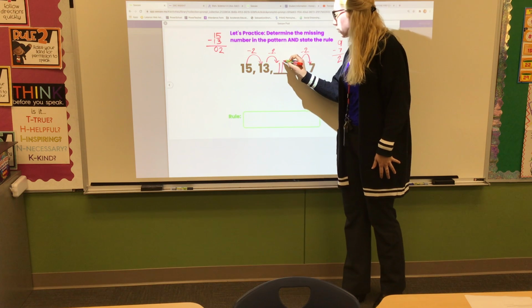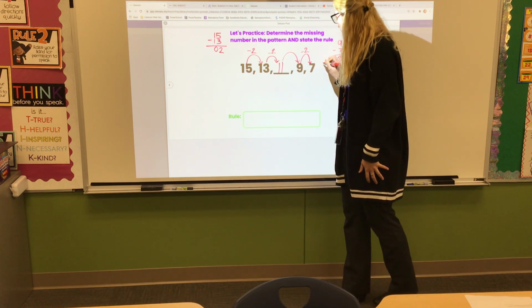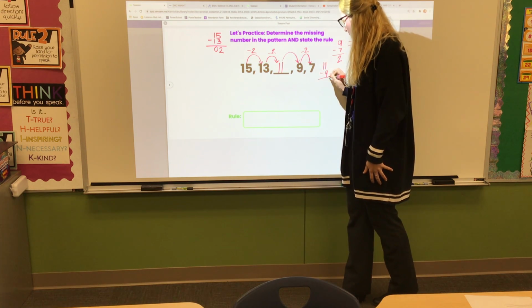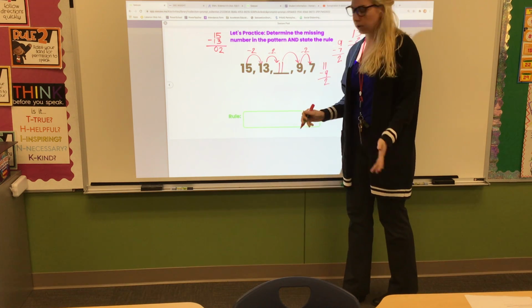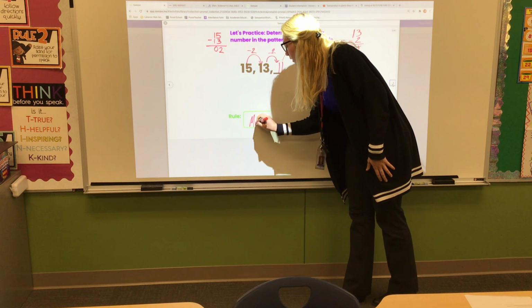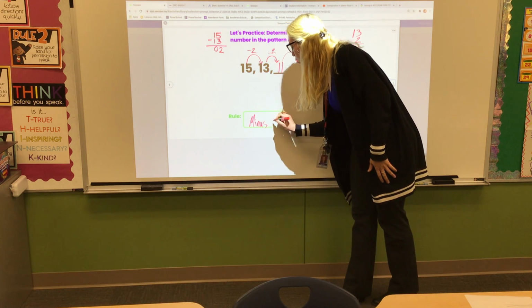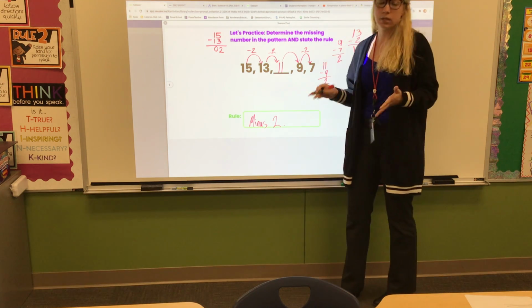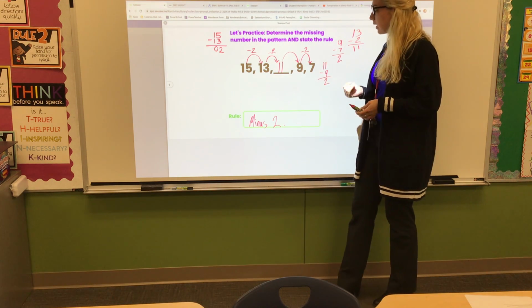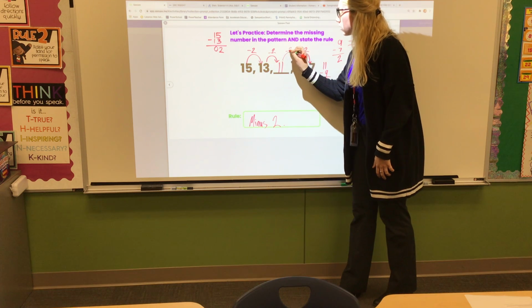Let's just double check that this works. What's 11 minus 9? Oh, it's 2? Guys, what's my rule? My rule is a minus 2. I know that's like the worst 2 you've ever seen in your life, but that's the rule. It's minus 2. You take 2 away each time to see that it's all the same.